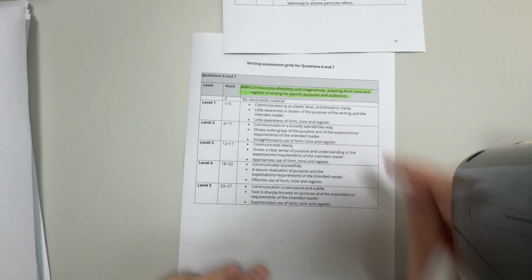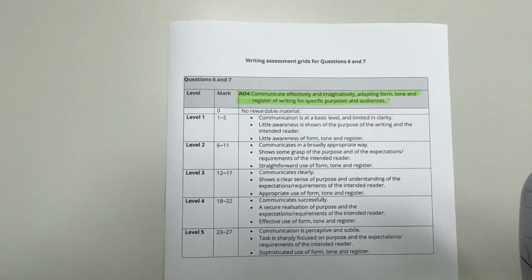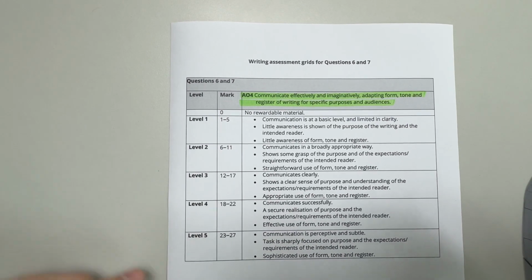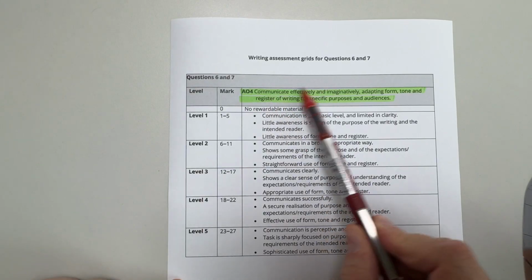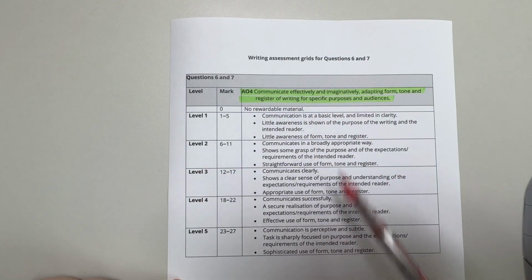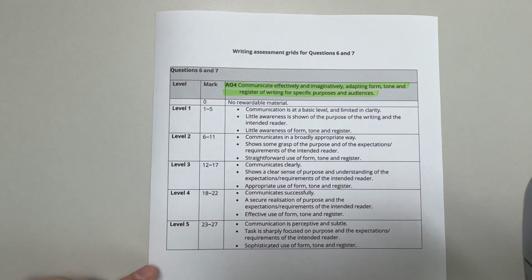What does that mean? Well, for AO4, this is the content, this is how interestingly, effectively, imaginatively you're able to write a response to the given task. Are you able to address the intended audience? Does your piece sound convincing? Does it sound like a speech if it's meant to be a speech? Does it read like a magazine or a news article if that's what it's meant to be?